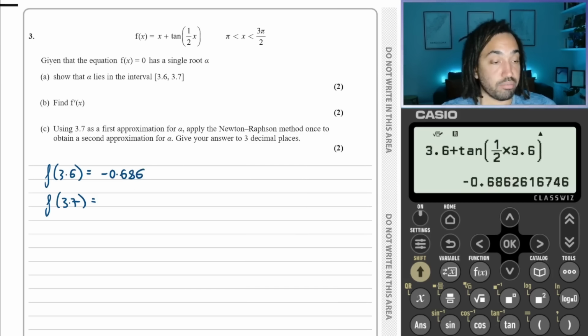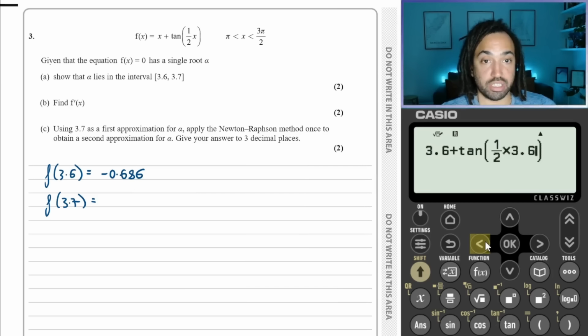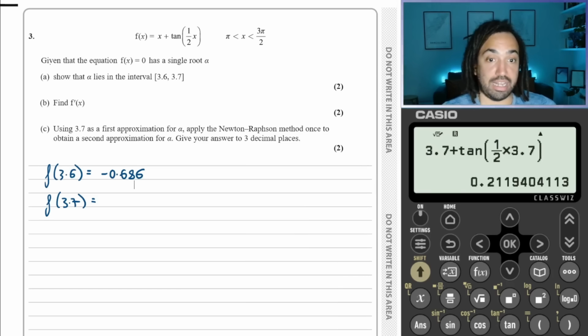Okay, that should do. And then go back to the calculator and just change this now to a 3.7, and just make sure you change this one as well to 3.7, and then that gets written down here. That's fine.